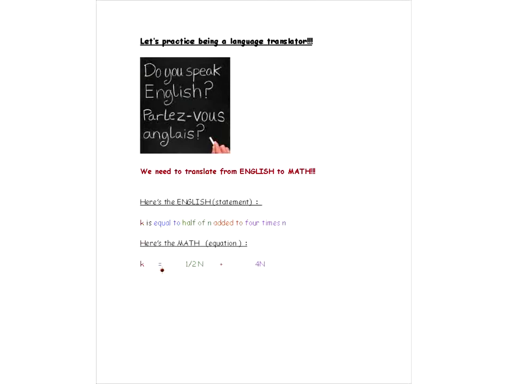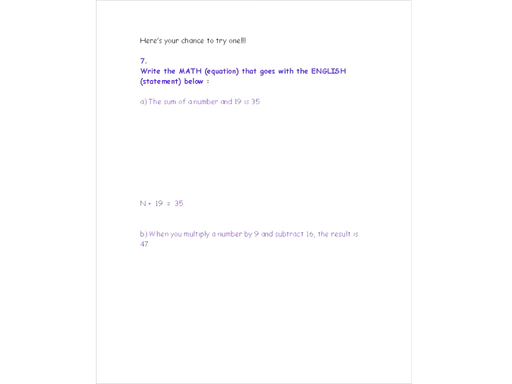So I just put k is equal to, I put the equal symbol, half of n, I write 1/2 n, added to, I write plus, 4 times n, I write 4n. So this here is the math symbols that stand for these math words. Okay, so that's what we're doing at this point, changing math words into math symbols.